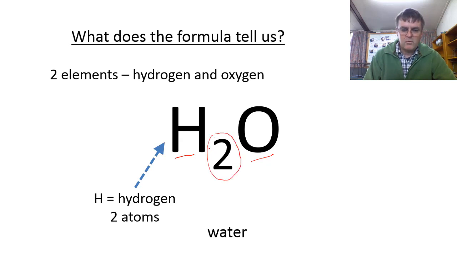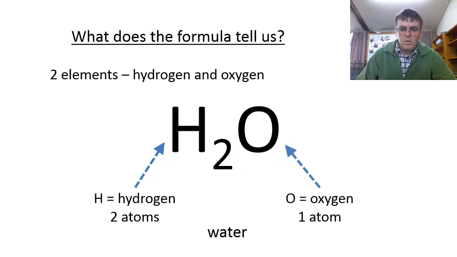It's a little number, written a little bit below the line. If you're writing things on a line, a little bit below that is called the subscript, and it applies to the letter in front of it. So that tells us we've got two atoms of hydrogen and one atom of oxygen. There's no number there, it's just one symbol, so one atom of oxygen.